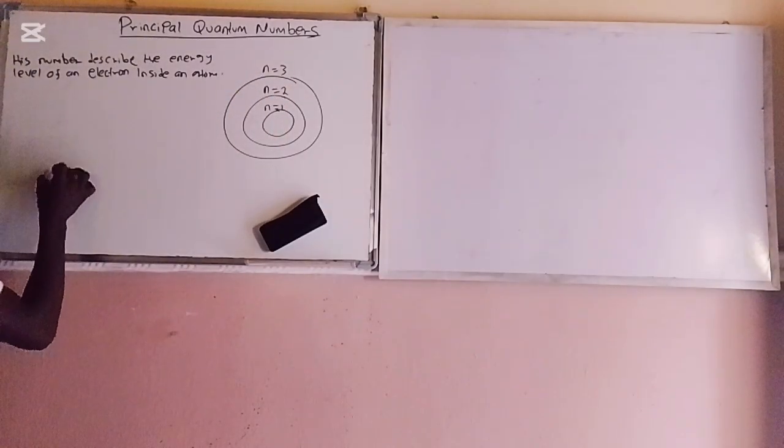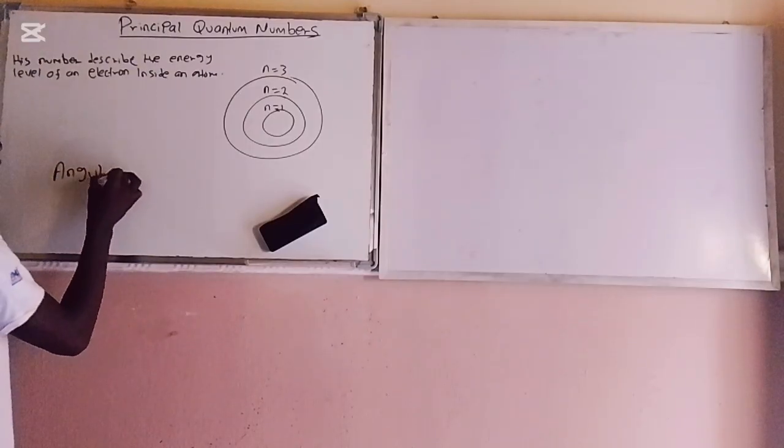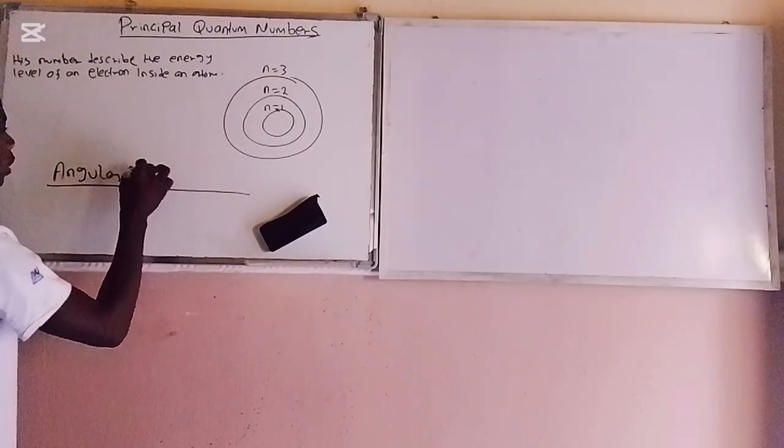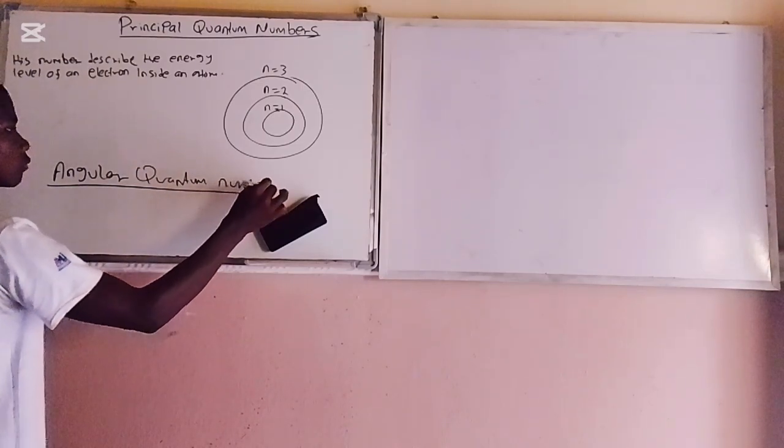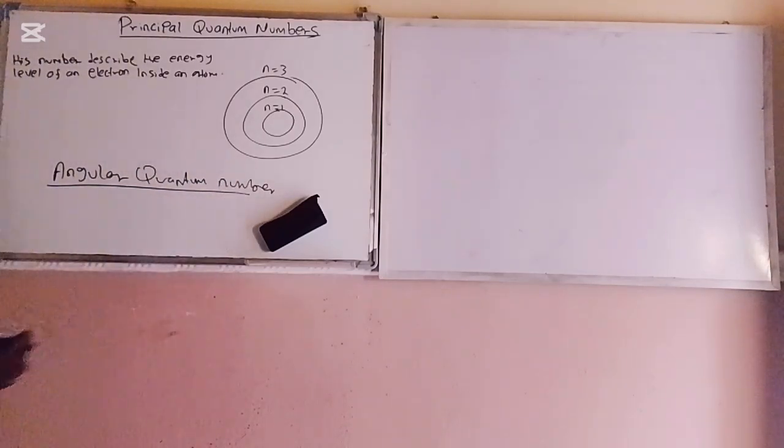Therefore in this quantum number there is what we call the angular quantum number. So what is the angular quantum number? Angular quantum numbers are numbers that describe the shape of a sublevel within an energy level.